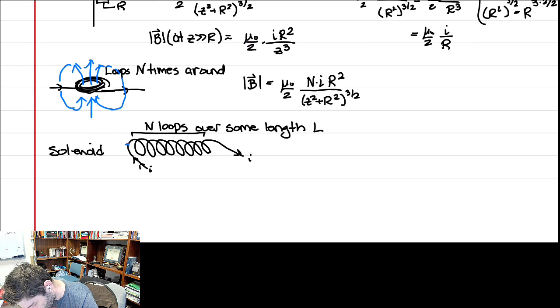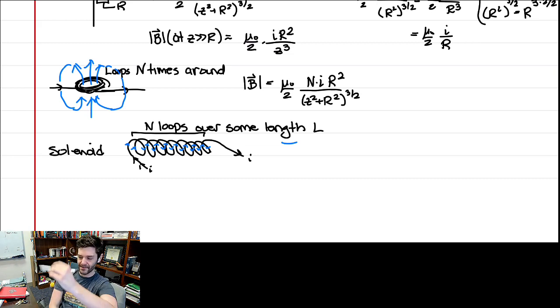So it comes up, goes down in front for all of these loops, and goes up in the back for all of these loops. Again, kind of messy to write. Essentially the current is always doing the same thing in each loop.